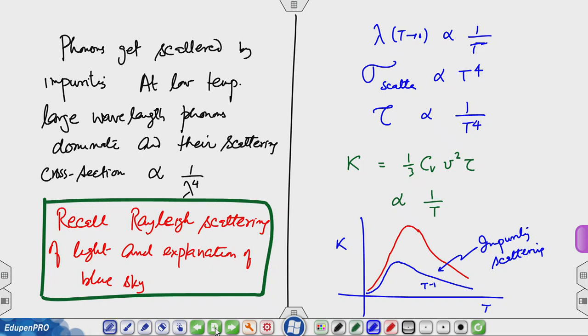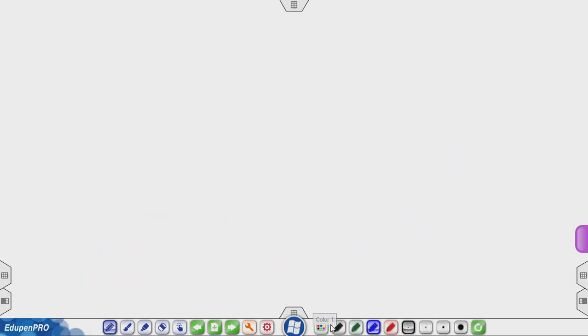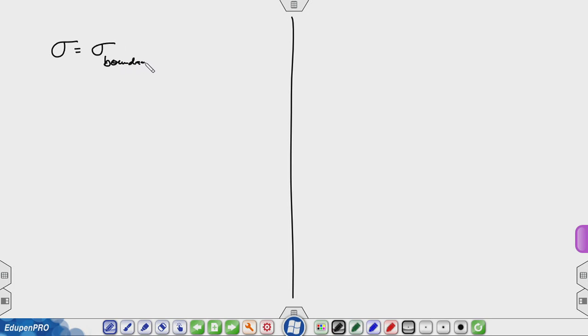So, for this also let me then write, if all these three mechanisms are talked about, then you are going to have sigma equals sigma boundary plus sigma Umklapp plus sigma impurity.